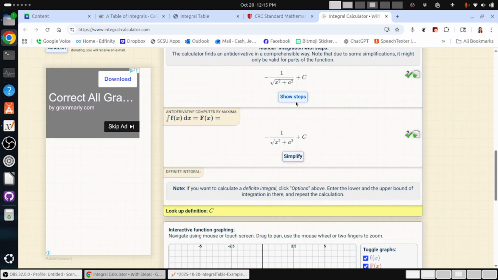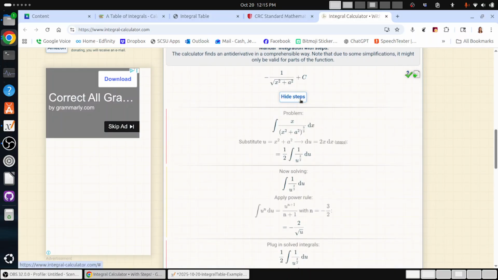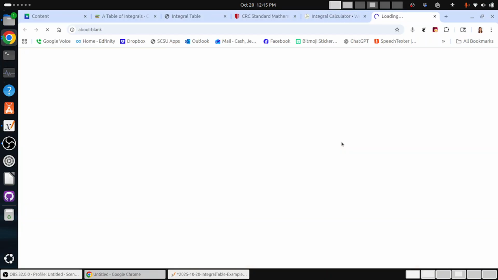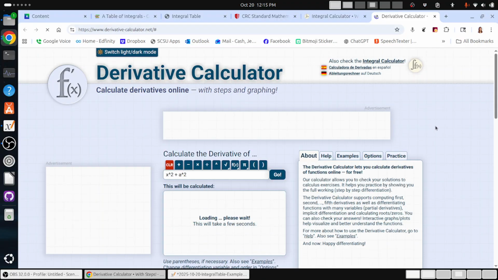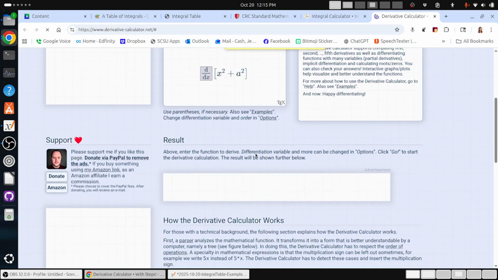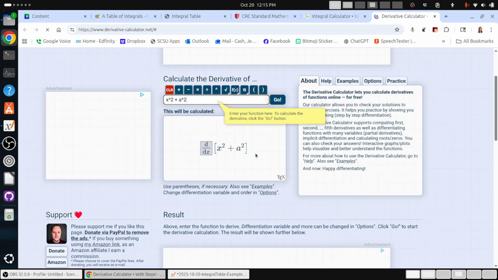But I can have it show the steps. It shows that if I do a U substitution like this, that gives me this. Then you can look at more steps to see how we find all of these individual pieces.